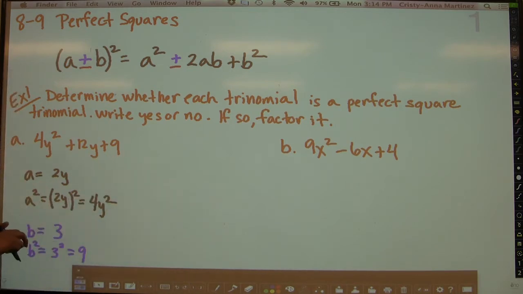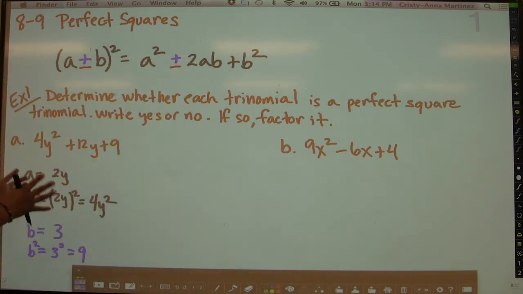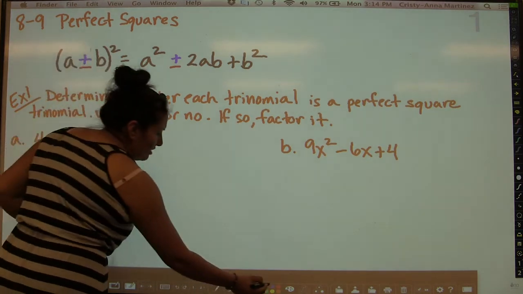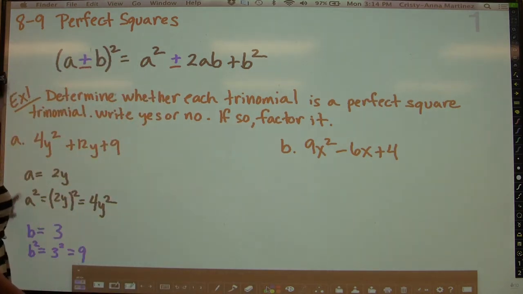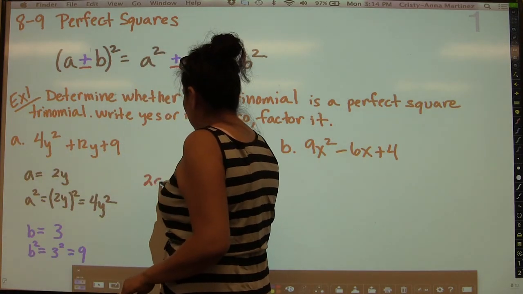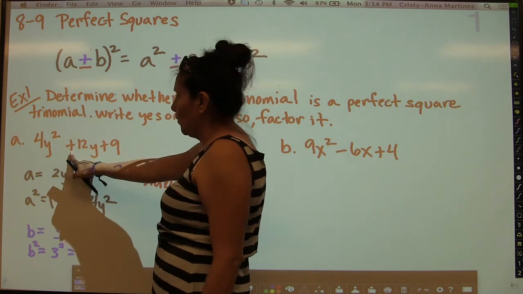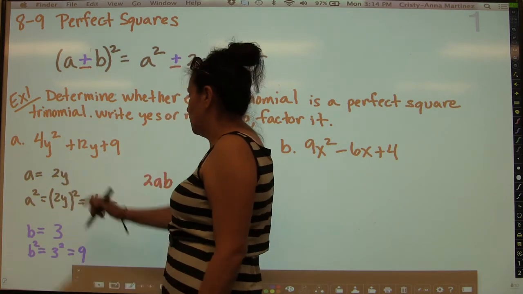Now the only thing that's left to check is the middle term. We have a squared, we have b squared. Does it in fact fit the 2ab? Because we have a positive here, we're going to try to get a positive 2ab.